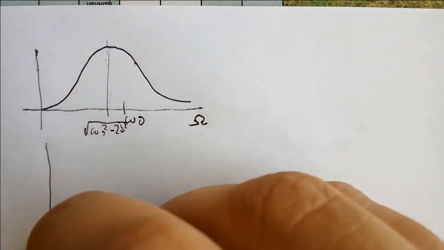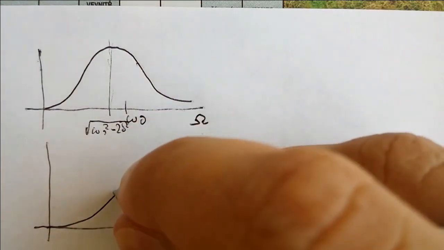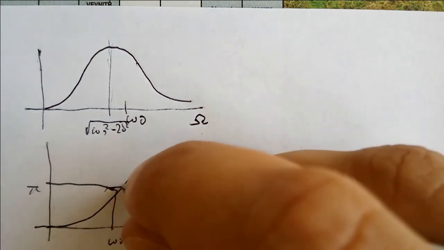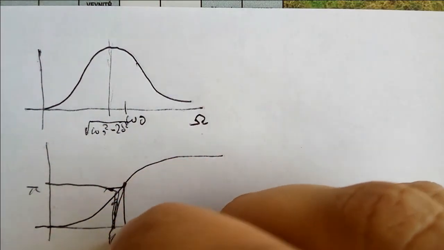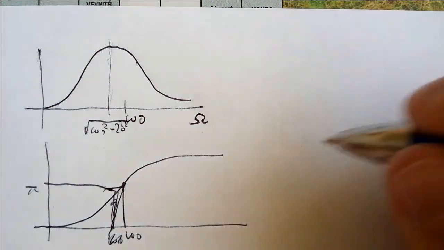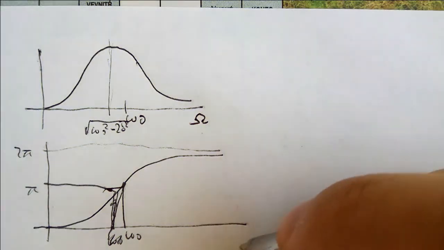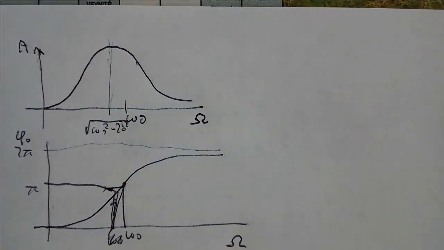And the curve which describes the phase looks like this, and there is pi exactly at omega 0, and there is 2 pi. This is the phase curve with respect to capital Omega. So this is A and this is phi 0.